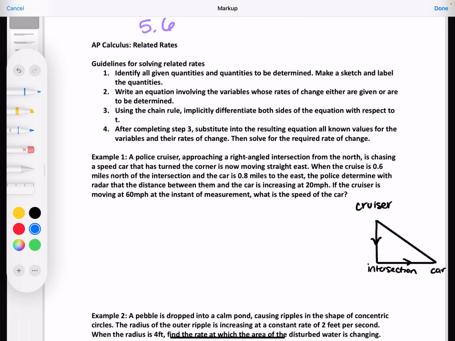Alright, so for the most part, we try to keep the variables matching up with direction, so the y-axis, the x, and then the hypotenuse we'll do a z.